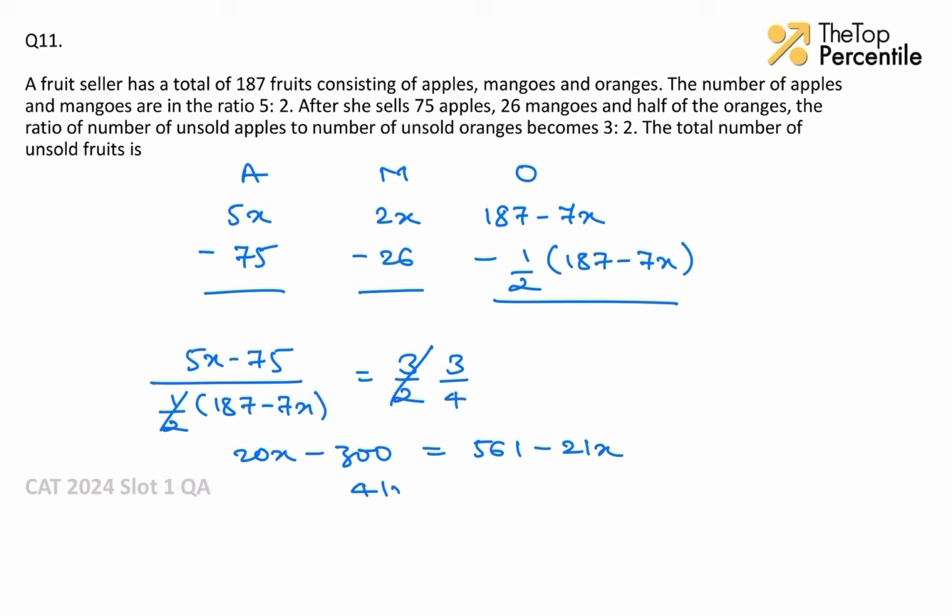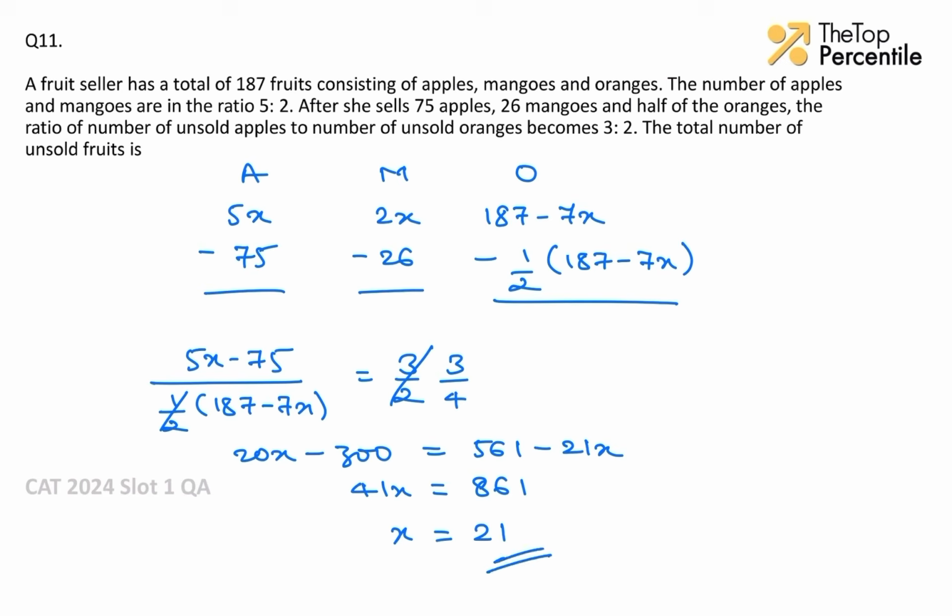This will give me 41x equals 861. X will be 21. I need the total number of unsold fruits.